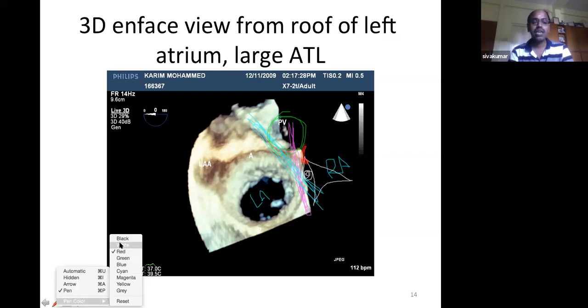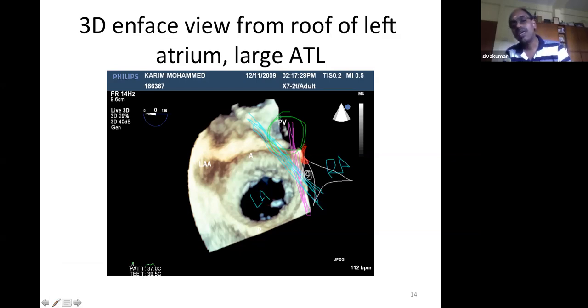In corrected transposition, this posterior AV node, if it tries to enter here, this is not the plane of the atrial septum, ventricular septum at all. Ventricular septum is malaligned. So this posterior AV node will not be able to enter into this interventricular septum at all.